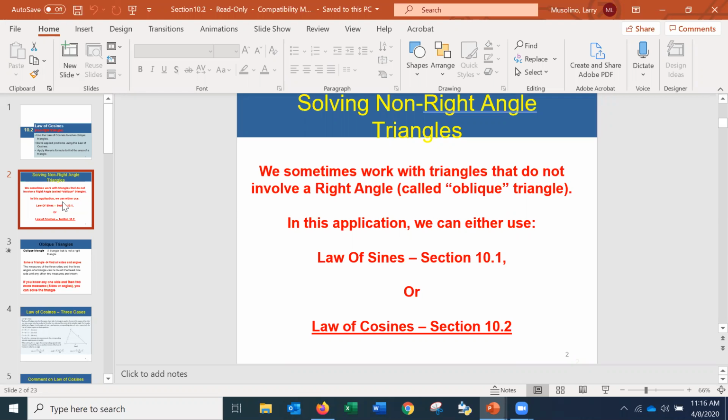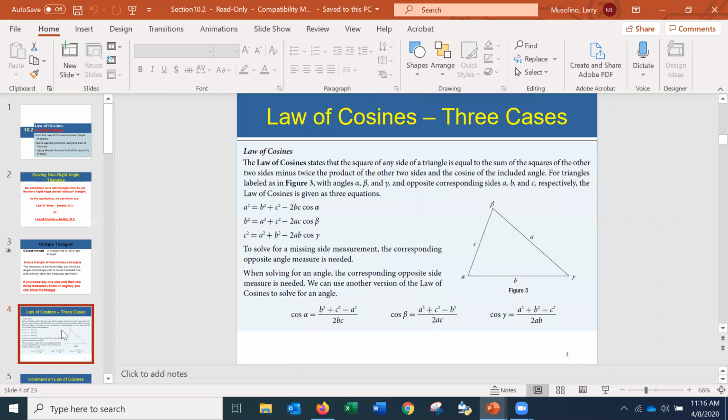If you can solve the problem using law of sines, then you should do it. If law of sines doesn't work, you turn to law of cosines as your backup plan. Remember, these problems we're working on now are triangles that do not have a right angle.